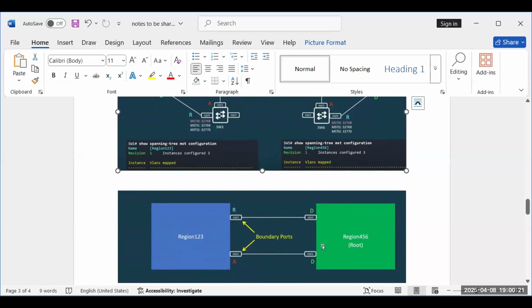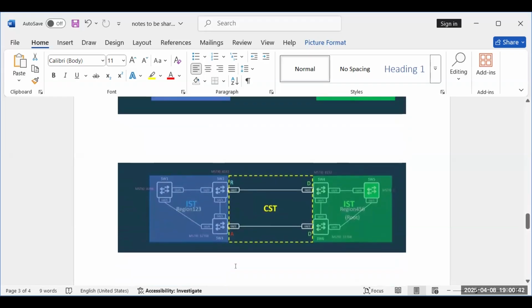So from there, which logical network is getting connected, which would be the exit interface for that network, will be decided as the boundary ports. There comes the CST and IST, what we have given as a definition initially.